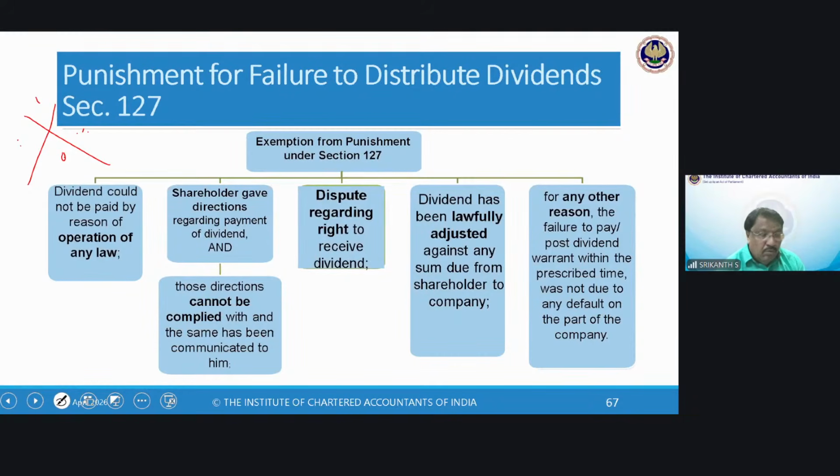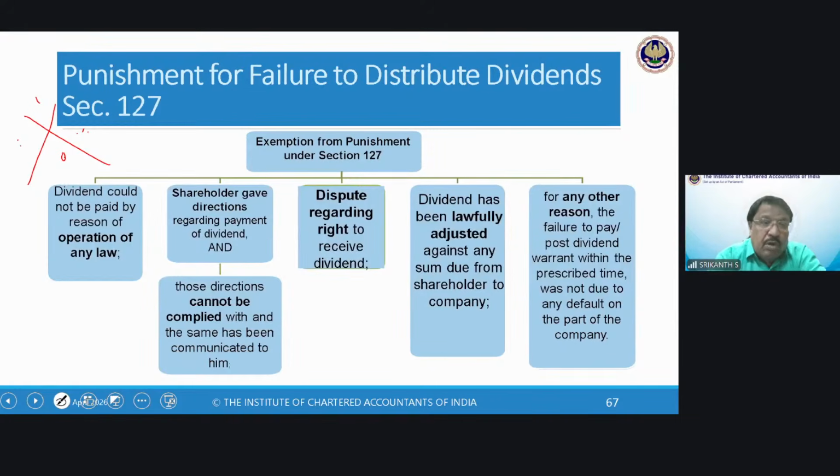Now war has been declared, just as an example, don't take me otherwise, with country X. Clearly the Government of India says that no payments should be made to any citizen of that country. No payment of invoices, dividend, any amount due to them.